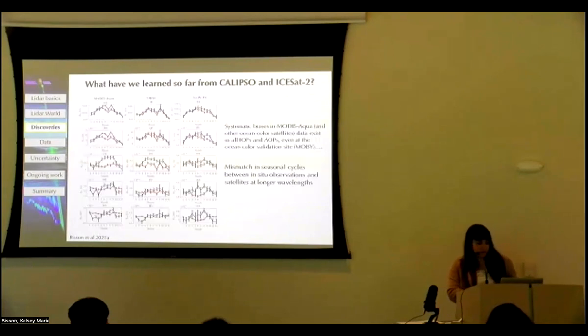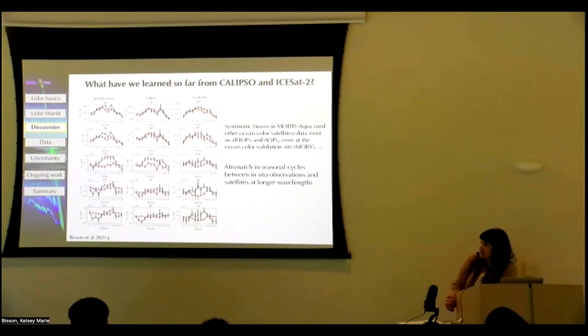there to be as pronounced seasonality as we saw. But ultimately, at the ocean color validation site, which I will talk about more tomorrow, in the actual remote sensing reflectances, you can see a big separation, and again, this systematic seasonal bias.